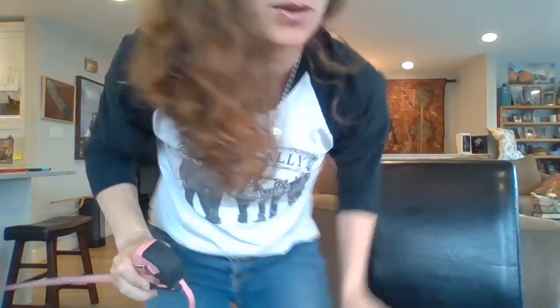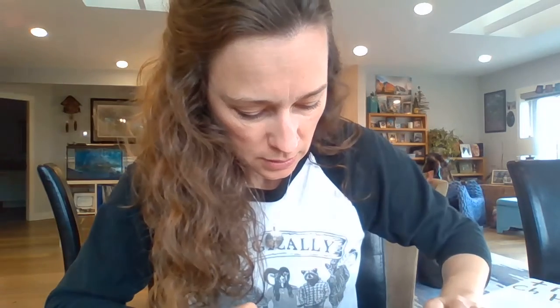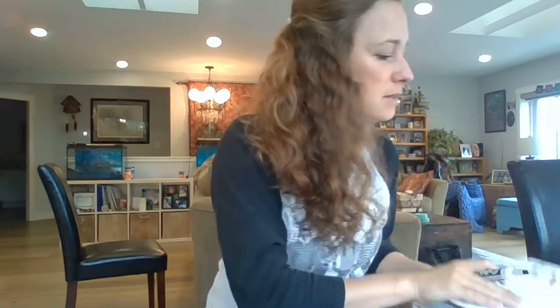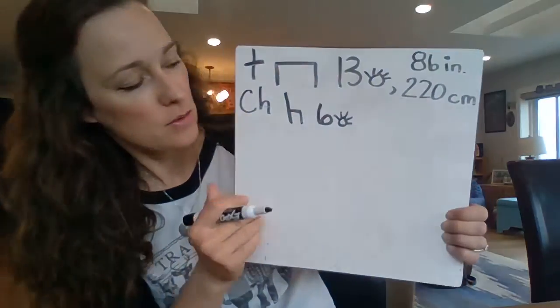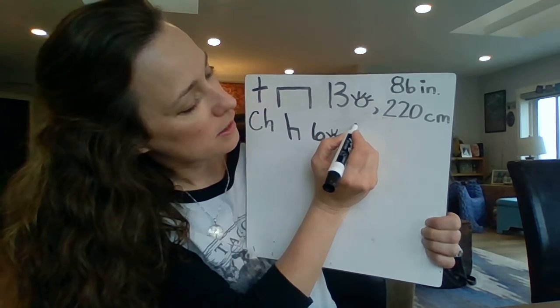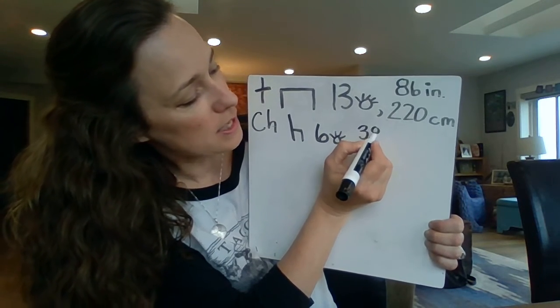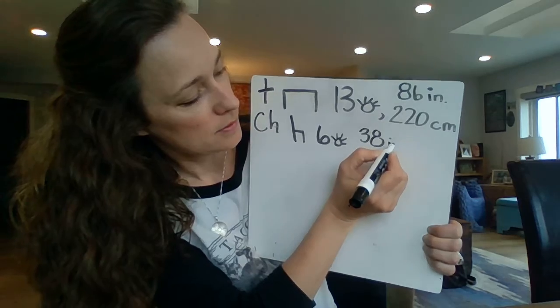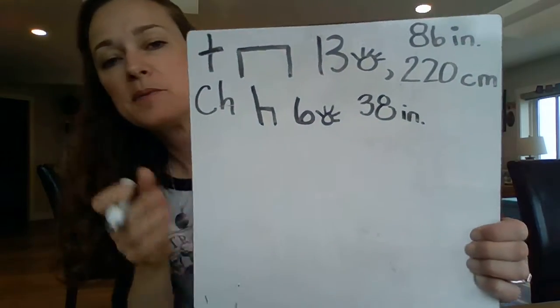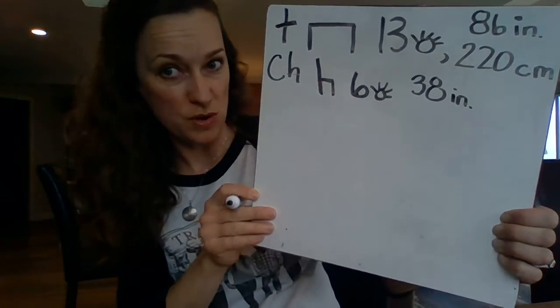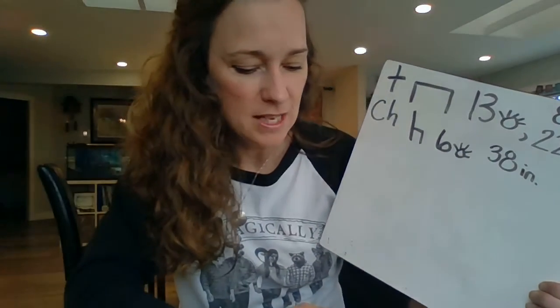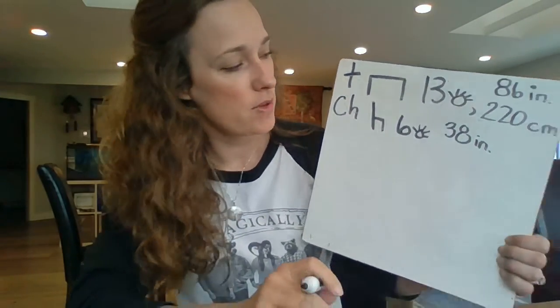All right, so let's write those down. So I had, let's see, what was my inches first? My inches was 38. All right, so here we go. I had 38 inches, or how many centimeters did I have? 97.